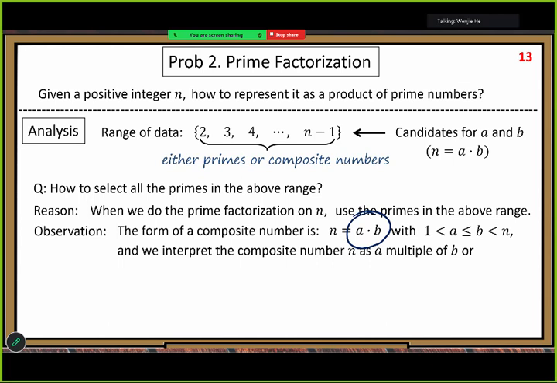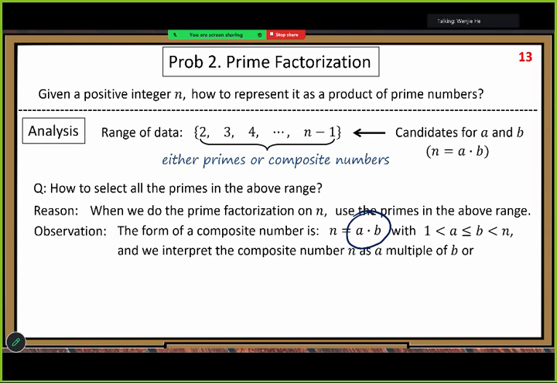But here we view this specific product as A multiple of B. That's the way we change the view: A multiple of B, or B multiple of A, right? That's the product.